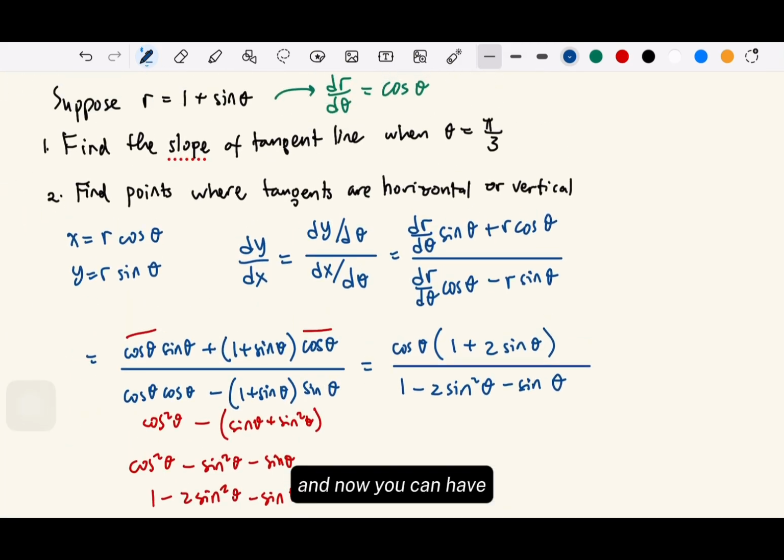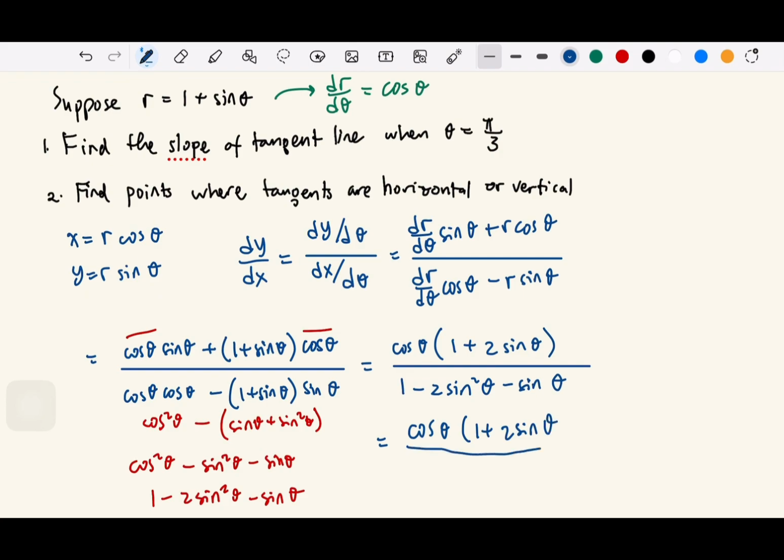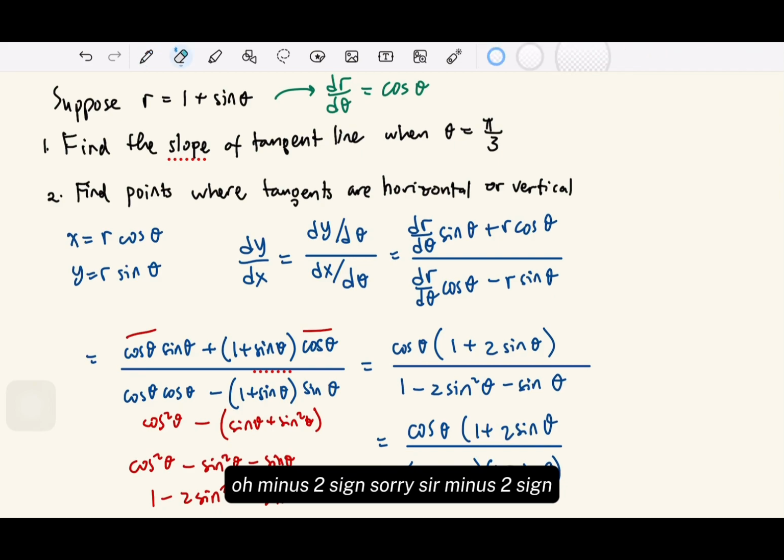And now we can have cos theta times 1 plus 2 sine theta, and this will be 1 plus sine and 1 minus sine. Oh, minus 2 sine, sorry. Minus 2 sine.